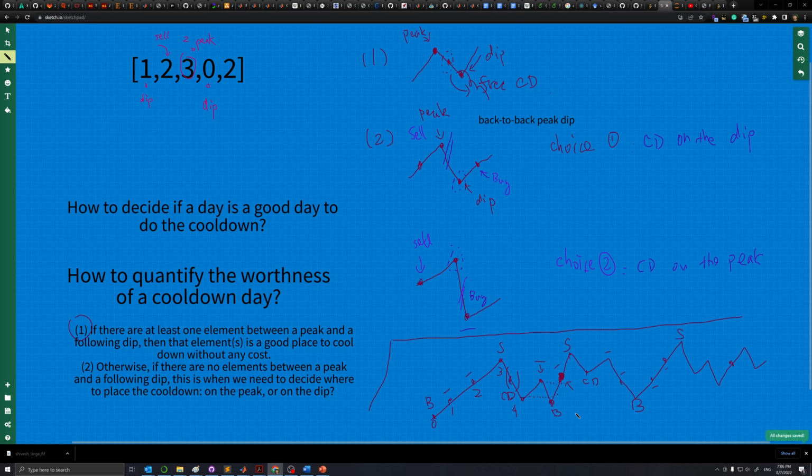I would definitely want to sell here. And then this is going to be our cooldown, and we're definitely not buying because it was on a rise. So we just hold, and this looks like a dip, so we start buying. Then we hold it and we sell it there, and this is going to be our cooldown, and that's it. That's the end of it.